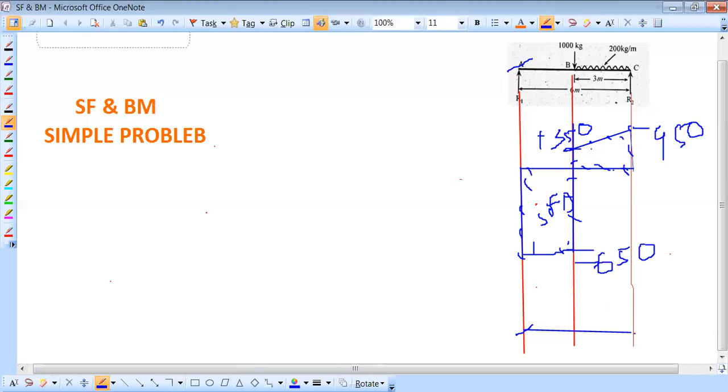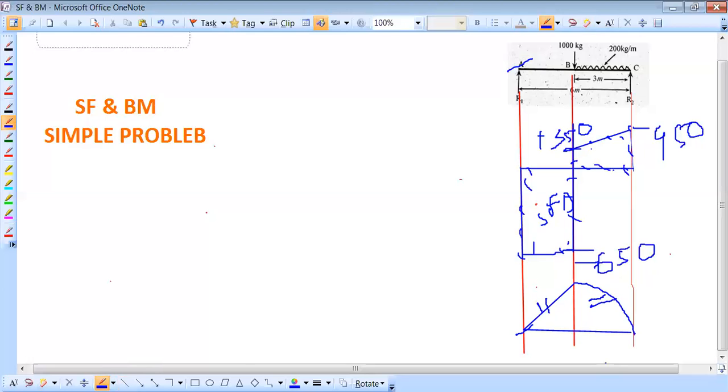Then again no load, and BM at A is equal to 0, so draw the straight line. This portion must be straight because of no load. So this portion is a curved line, and this is a straight line because of the no-load condition.